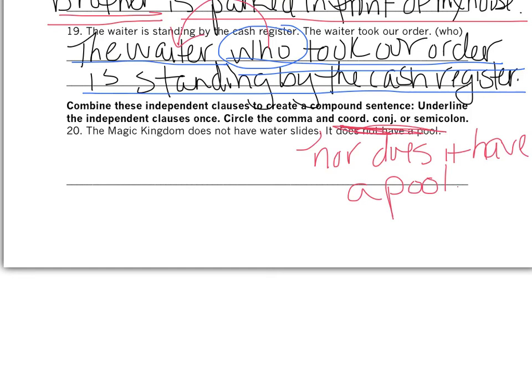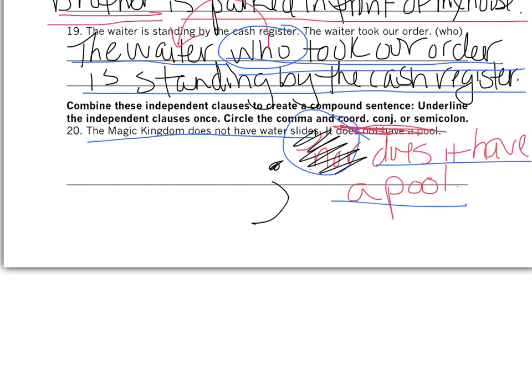The Magic Kingdom does not have water slides, comma, nor does it have a pool. And therefore you have one independent clause and another independent clause with comma, nor. You also could have done the Magic Kingdom does not have water slides, semicolon, it does not have a pool. That would have worked as well.